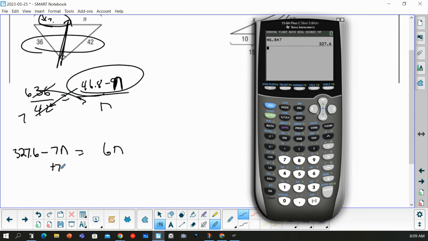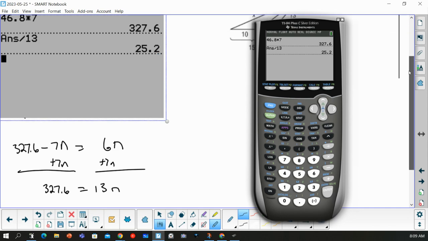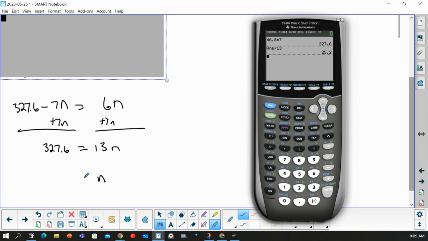I'm going to add 7n to both sides. So I get 327.6 equals 13n. 327.6 divided by 13 is 25.2. So n equals 25.2. That was a weird one.